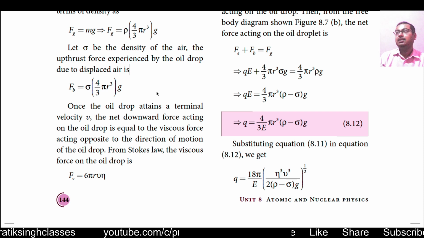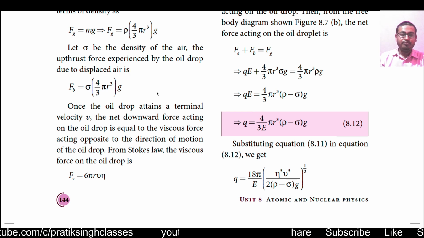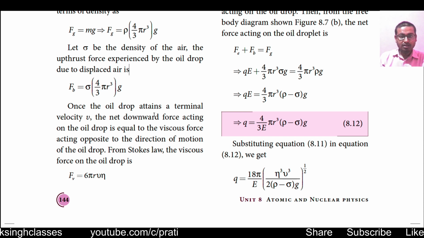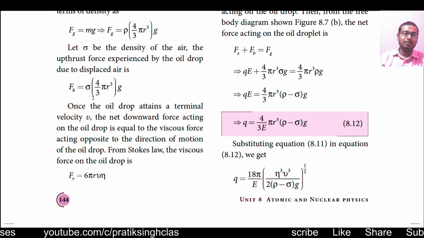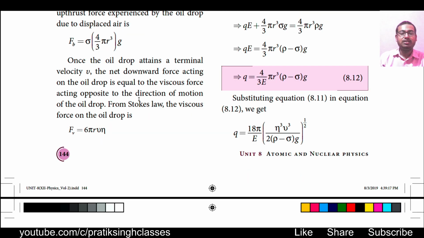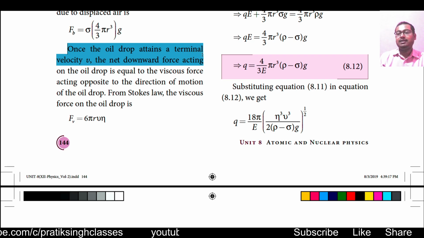Here the amount of upthrust will be equal to the weight of the air displaced, which has the same volume as the IL drop, 4 by 3 pi r cube. Then the upward force because of the air will be given by sigma into 4 by 3 pi r cube into g. Once the IL drop attains the terminal velocity, it means that the downward force and upward force will become equal.